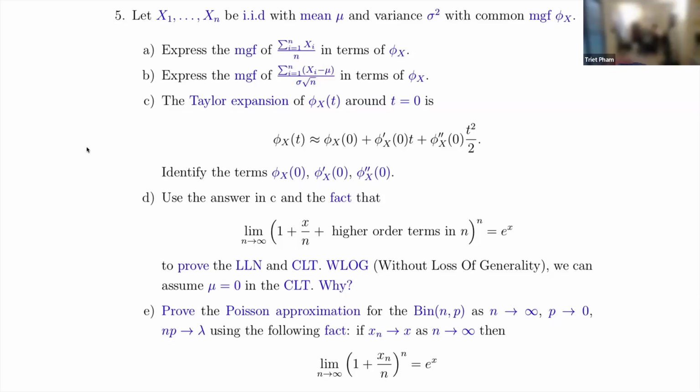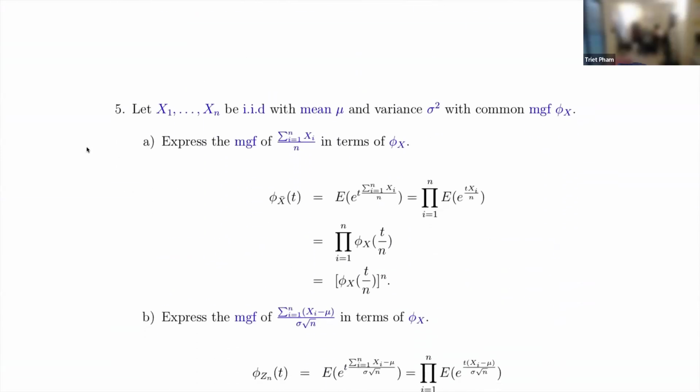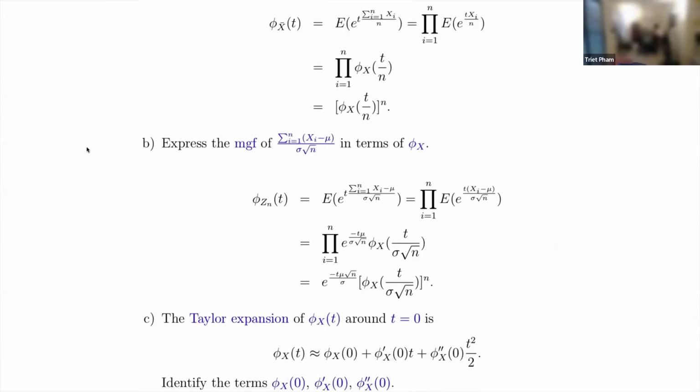You use a Taylor expansion to turn that into a 1 plus something structure. And then you just identify that something to conclude that the right limit works. So for the central limit theorem case, which is this term, this is why I don't want to go through the whole derivation, because it's rather long.